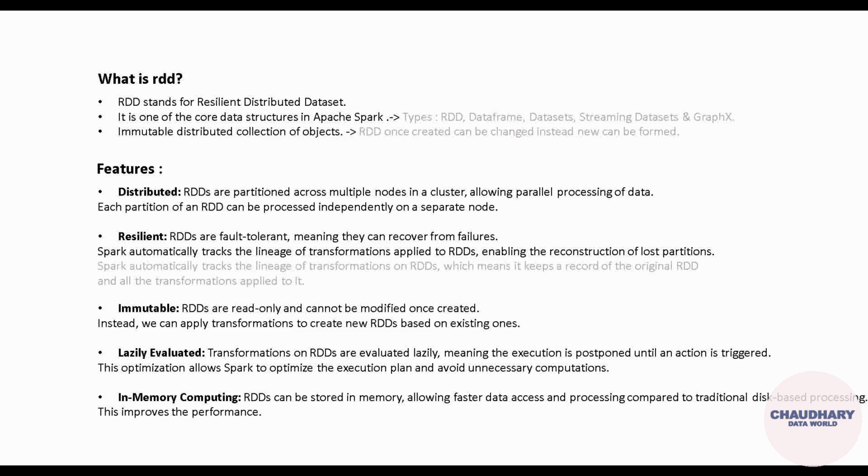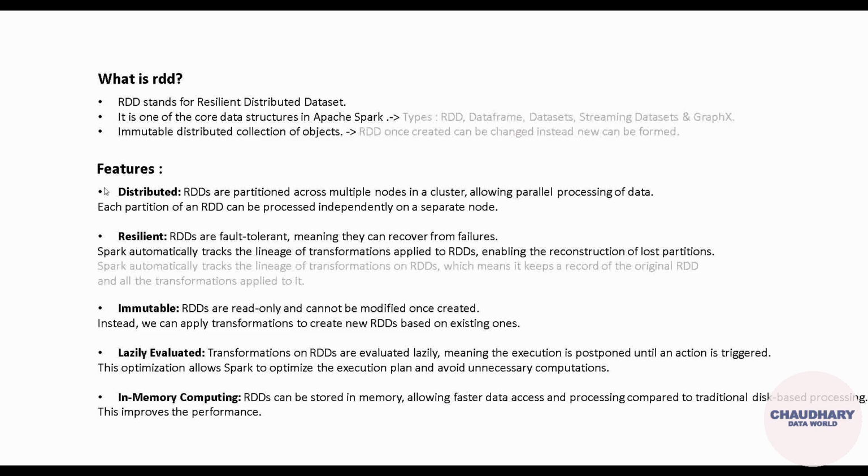Hope you are already aware of what cluster and node are. If not, you can check out my previous videos, or else I can create a new dedicated video on nodes, clusters and the Apache Spark architecture.